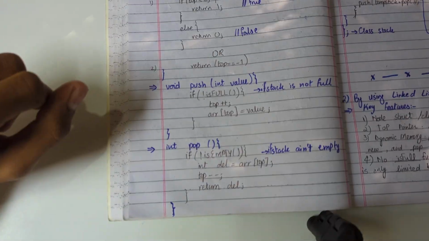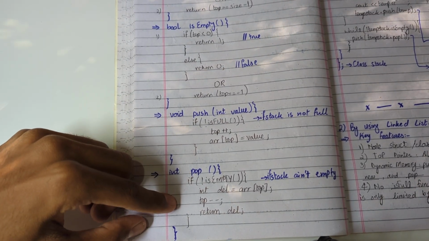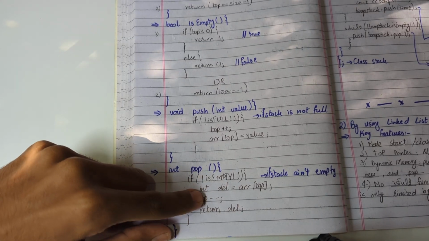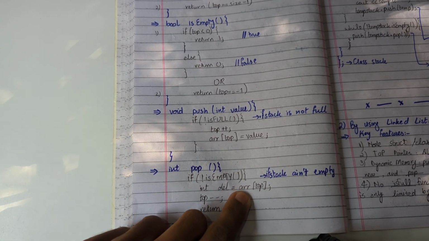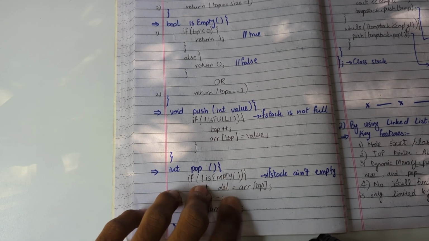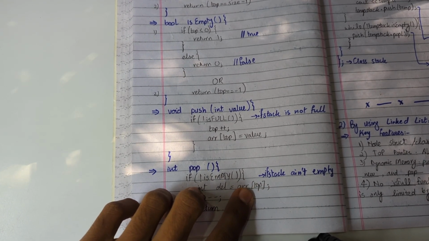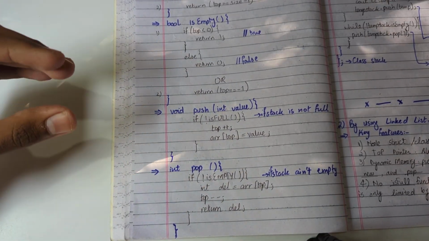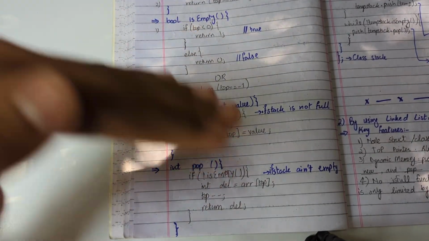Next up we have pop, to remove something from a stack. We're going to check if the stack isn't empty. If the stack is not empty, we initialize another variable, int delete, and assign it the data at the top of the stack, since the stack comes down slowly from the top.